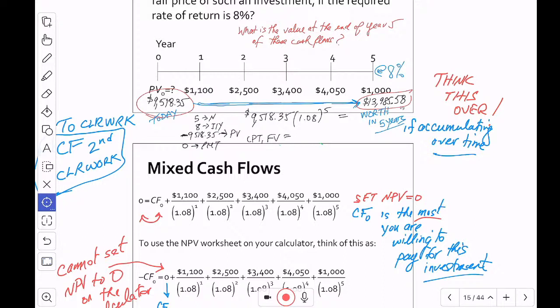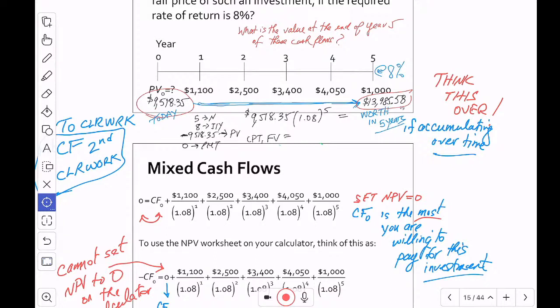And it's to capture the 8% return that I represented here. So just realizing lump sums can be accumulated over time. I can talk about the value at time 5, and I can talk about the value at time 0.